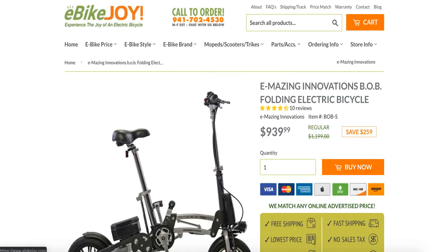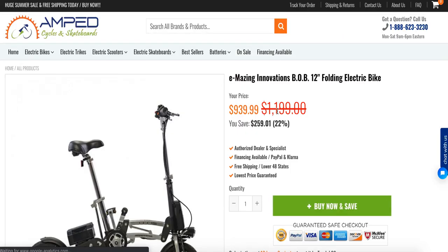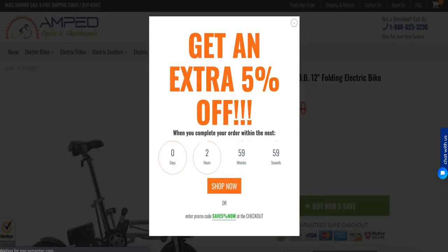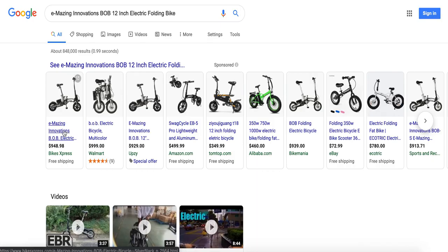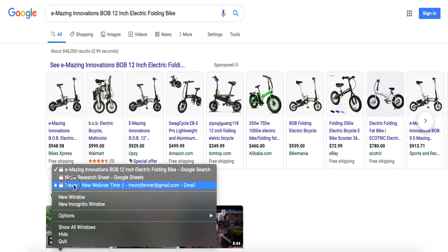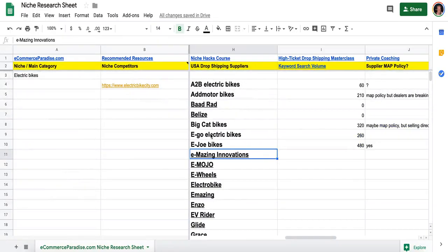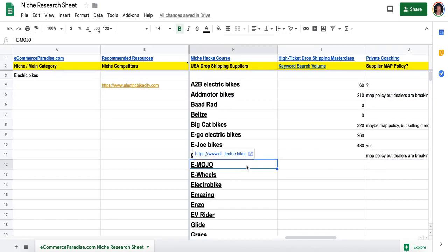Alright, so $9.39, $11.50, $9.39. So I think $9.39 is MAP. These guys are probably breaking MAP, and these guys are showing a little bit more. So it's definitely not ideal because there's somebody breaking MAP. Let's just put MAP policy, but dealers are breaking it. Okay. Show you one more example.